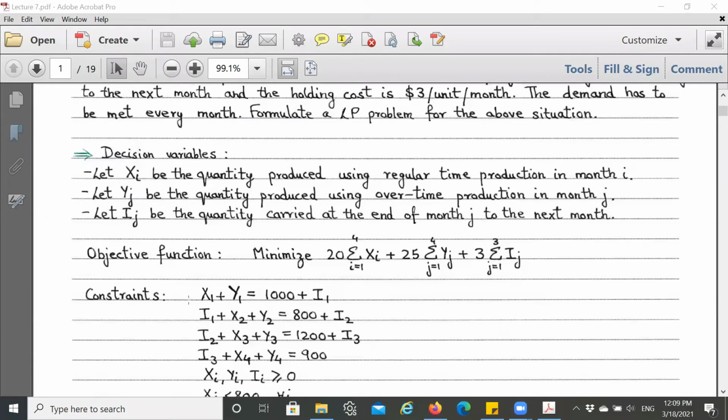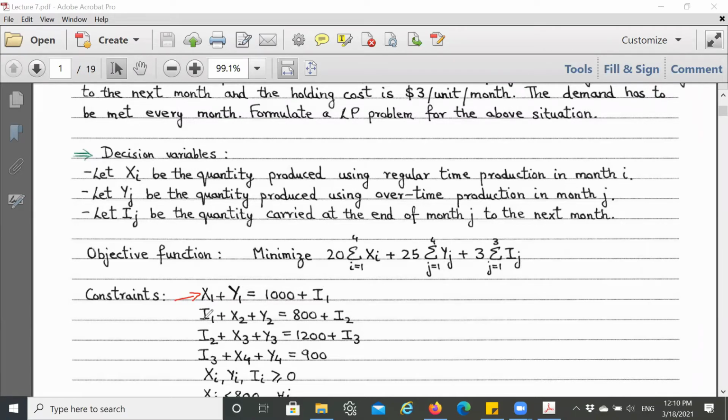Is it clear? Do you understand the constraints, guys? If there's any question, just stop me, okay? Because I'll keep talking and I'll stop only if you stop me. So this constraint says that whatever I produce in regular and overtime should be equal to the estimated demand for that particular month, which is the first month, and the amount that I would be carrying over to the next month.